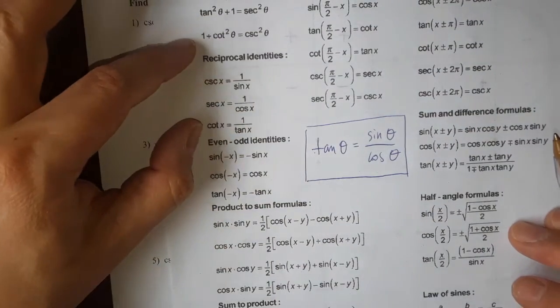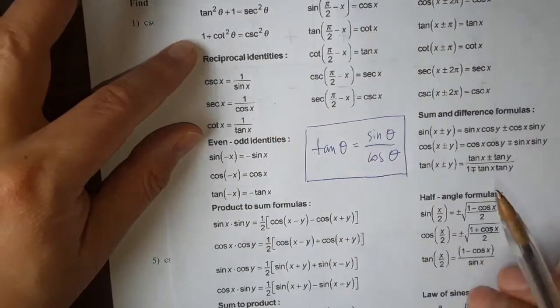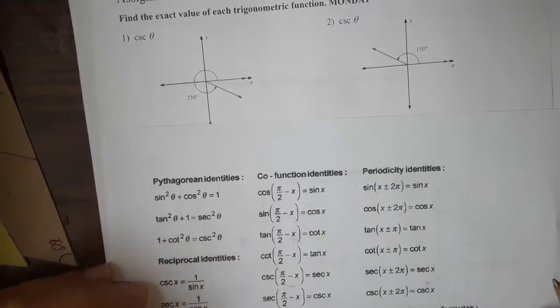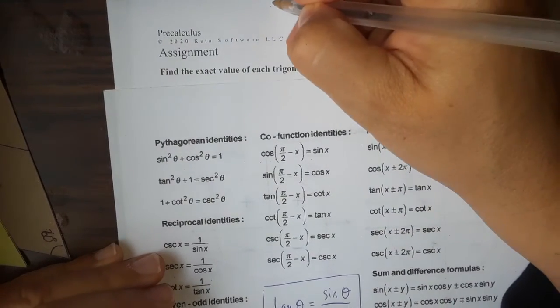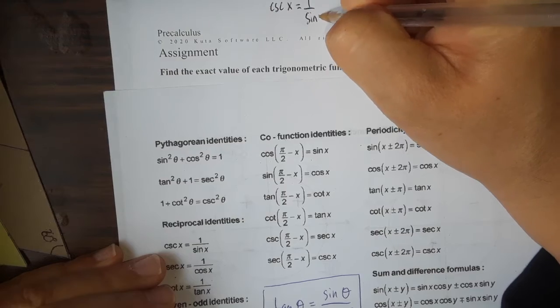So we're going to be using these three identities, which are really simple, okay? Make sure you have them written down up here so you don't get confused. Let's write it. Cosecant of x equals 1 over sine of x.